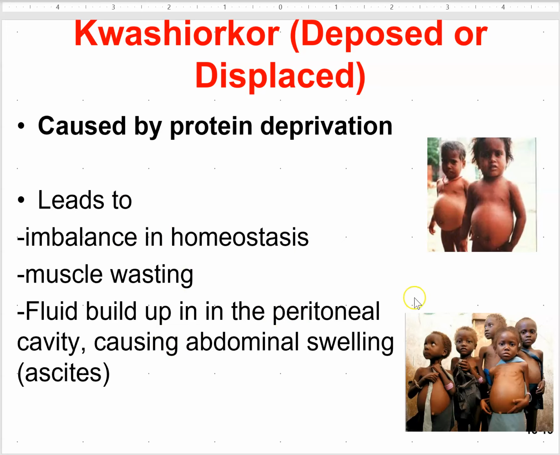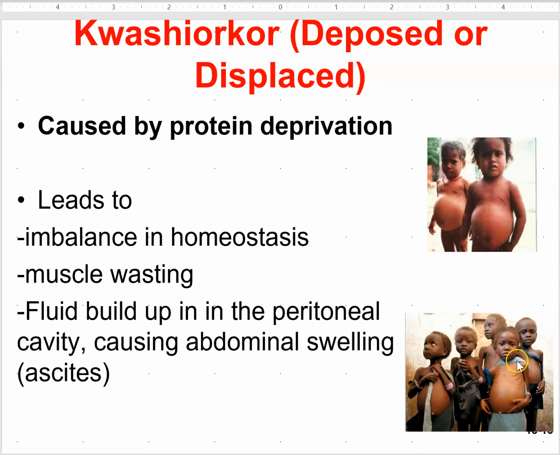Now, another condition that leads to similar symptoms is called marasmus. Marasmus is a condition wherein the subcutaneous fat is not preserved. You don't see edema and no fatty liver, but in kwashiorkor you do see edema and an enlarged fatty liver, but the ribs are not very prominent.